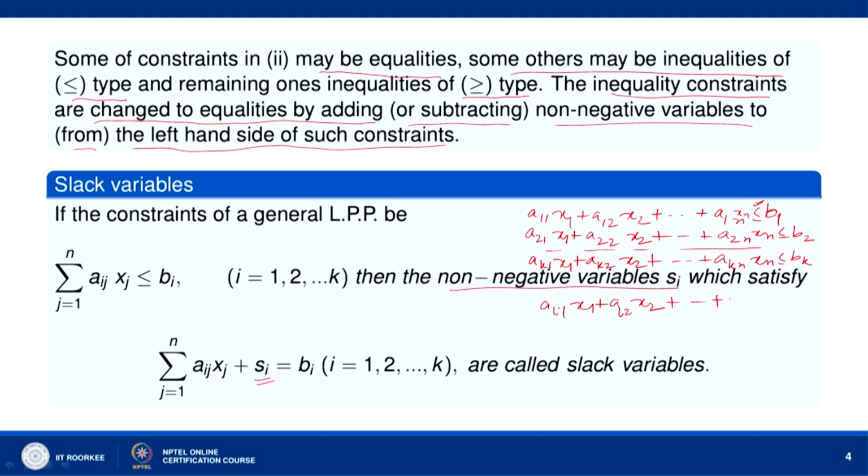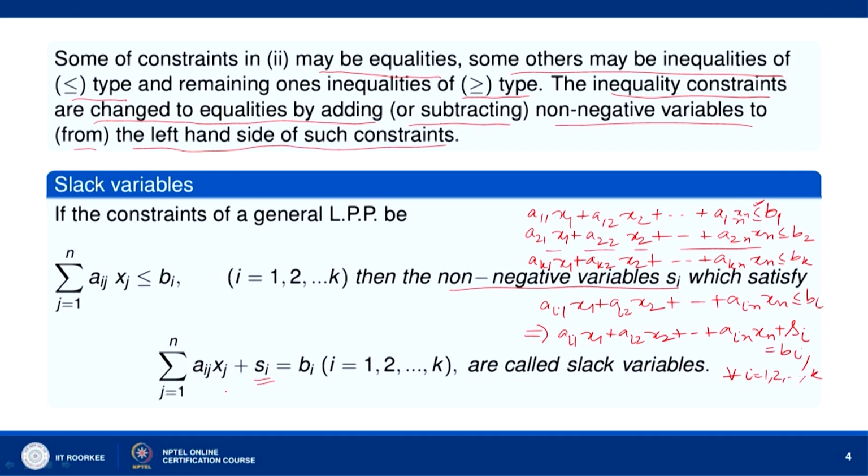This gives us ai1 x1 plus ai2 x2 plus ... plus ain xn plus Si equal to bi, and this we do for all i equal to 1 to k.